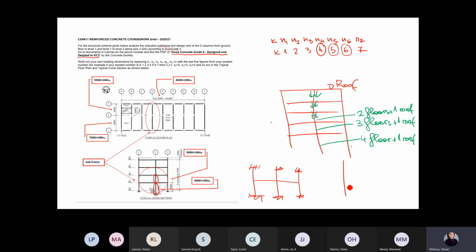You'll have the option to do this kind of analysis as well for the column to find the slenderness ratio. So let's say full load here, and just a permanent load in these, to see how the moment in your column here will change depending on the position of the load.